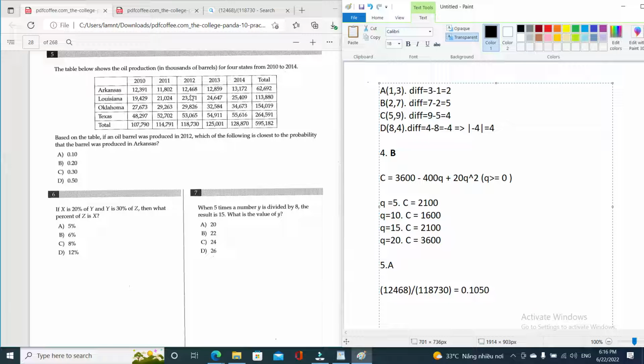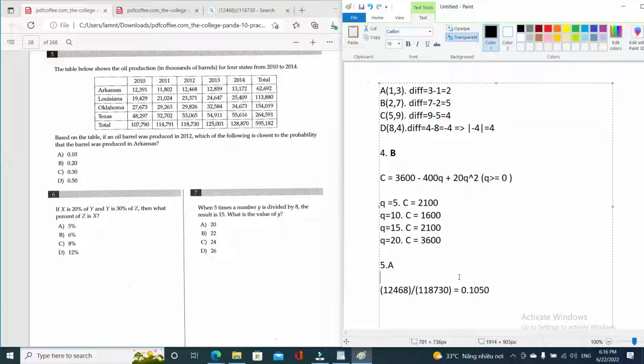Because we only consider the oil barrels produced in 2012, we want to find the probability that the oil barrel is produced in 2012 and in Arkansas.